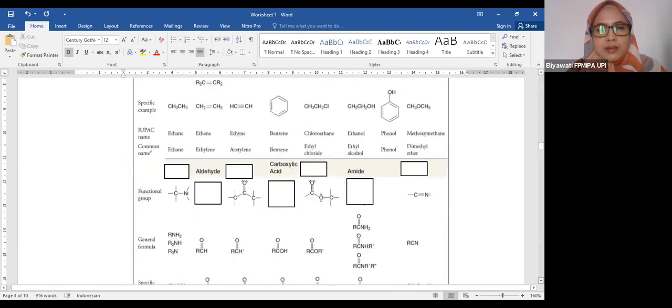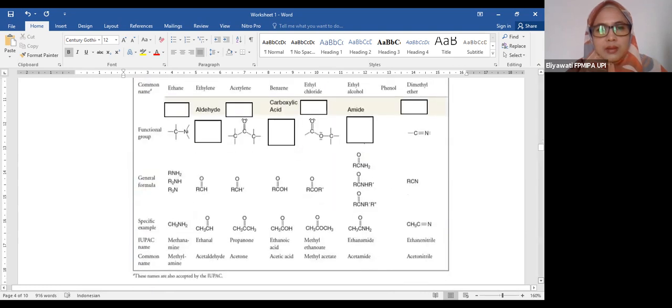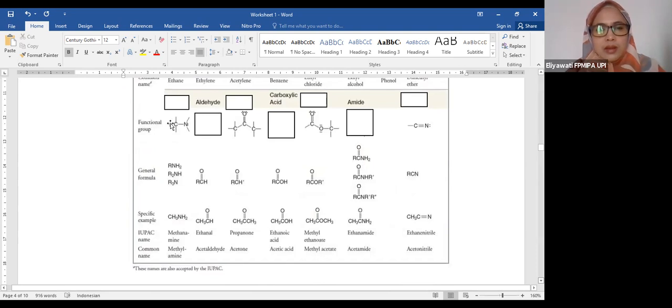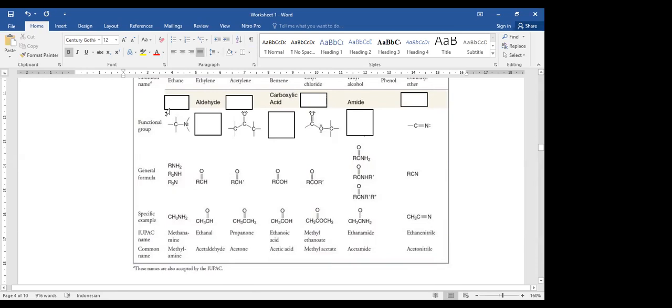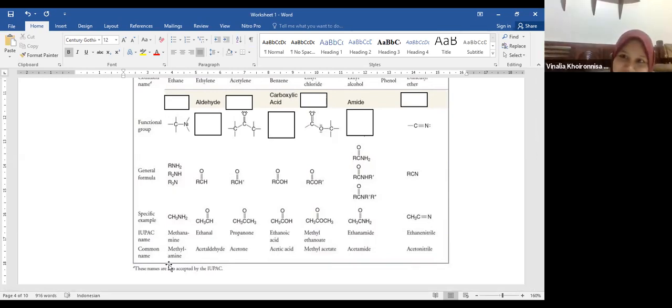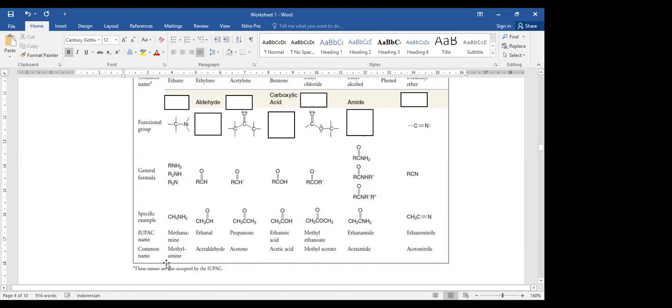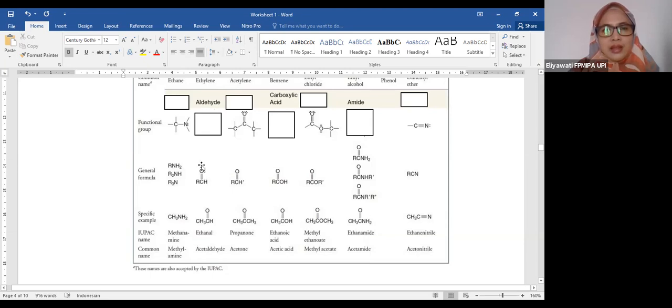Next, this one. Amine. Yes, amine. Good. Aldehyde.